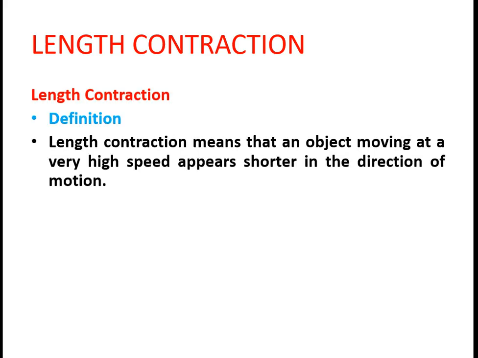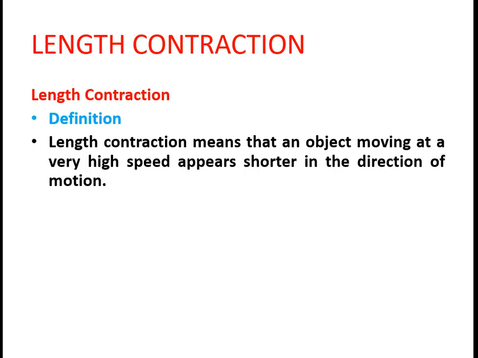Length contraction means that an object moving at a very high speed appears shorter in the direction of motion. Of course, this object will tend to move at a speed close to the speed of light.